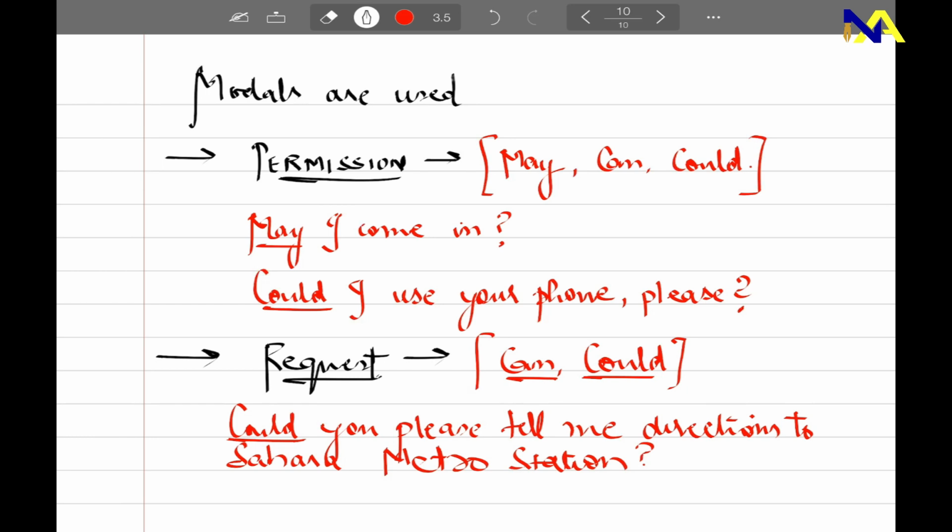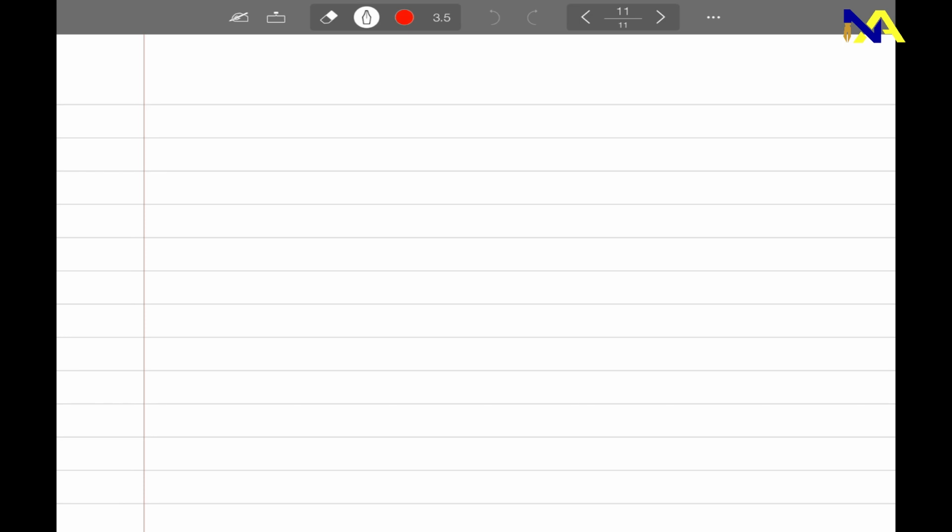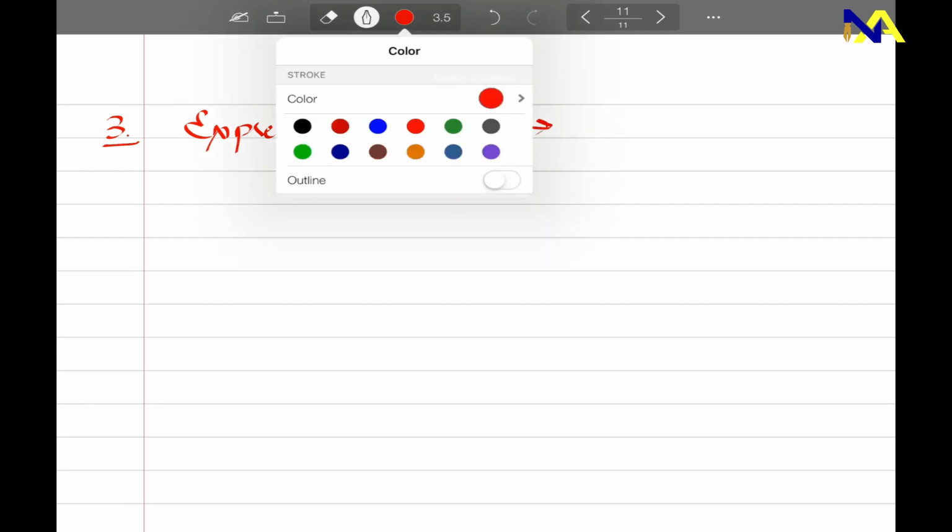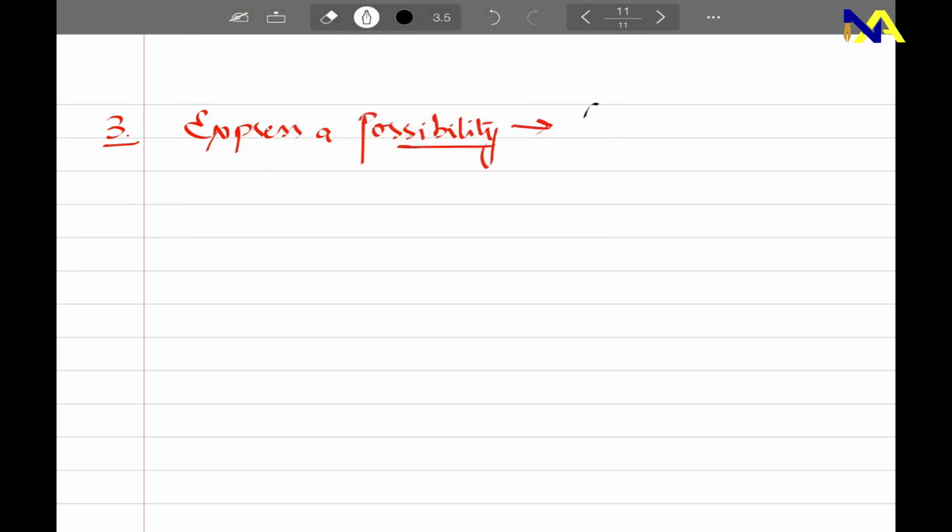Okay, now moving on, here we have talked about permission and request. Then in order to express a possibility, how much possibility a thing has, it can happen, it cannot happen, how sure we are, we use may, might and could.